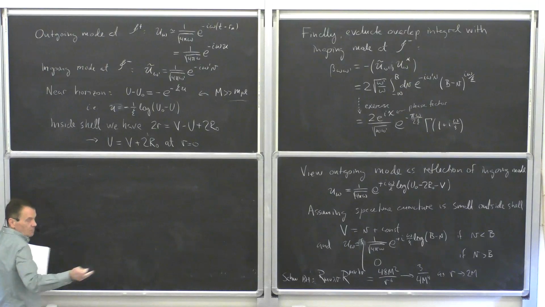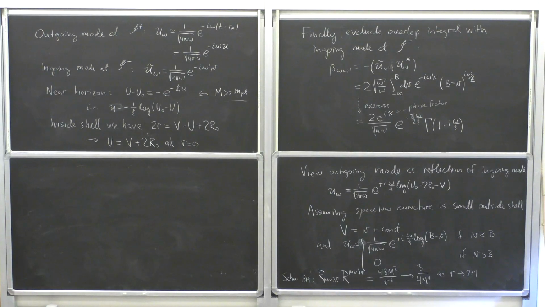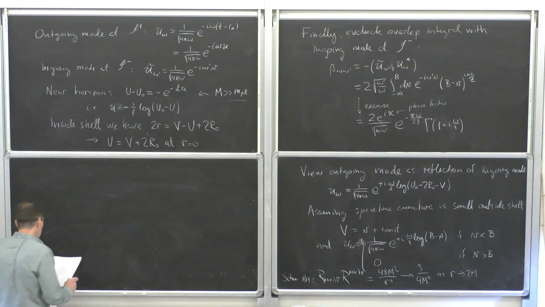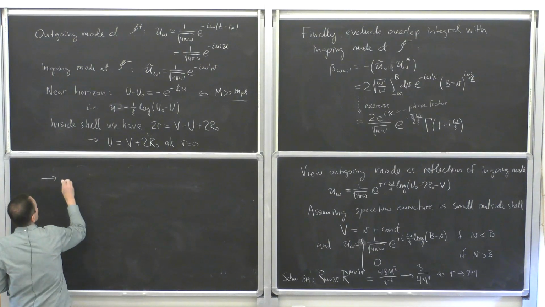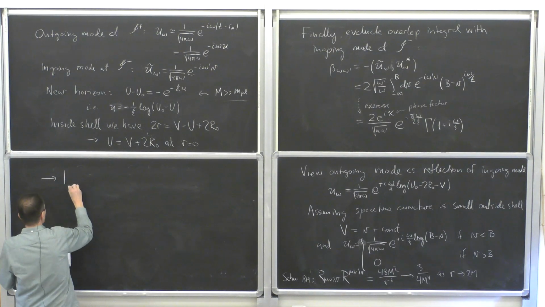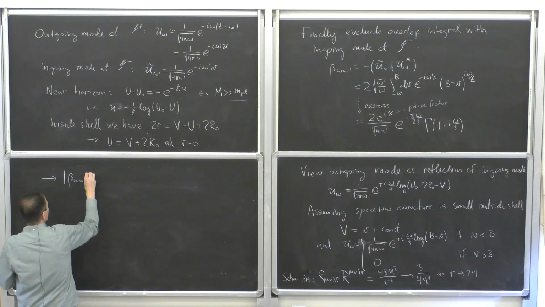And that's as it should be, because the value of b is just a question of where we put the origin of our coordinates. So we had better not find things depending on it. Okay, so what we will find then is that this is the thing I'm interested in.